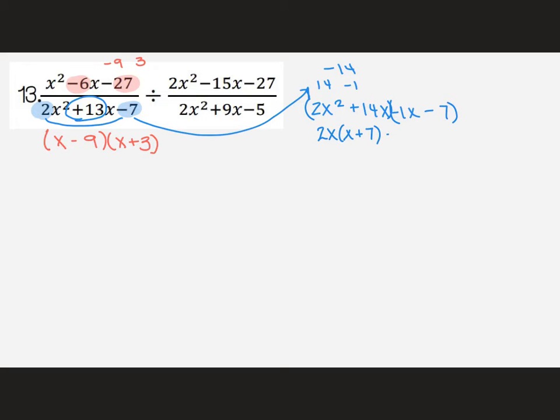I can factor out a negative 1 in the second group. I can factor out these matching x plus 7s. And so that denominator is x plus 7, 2x minus 1.